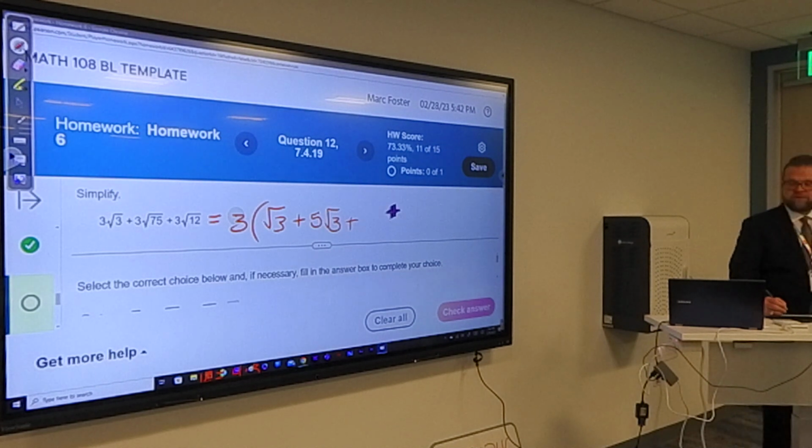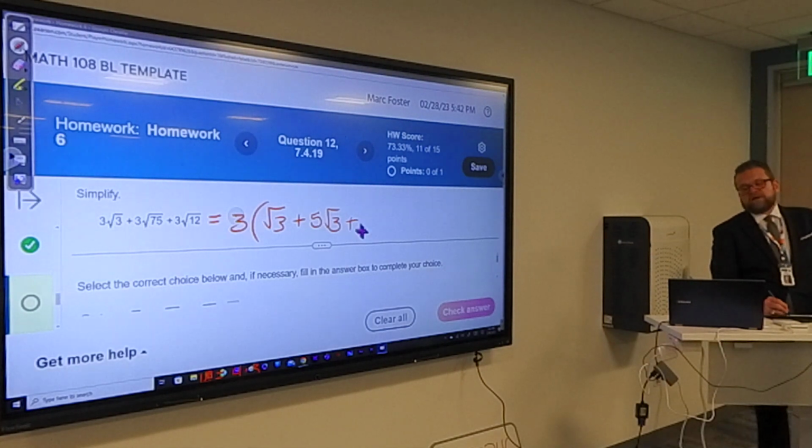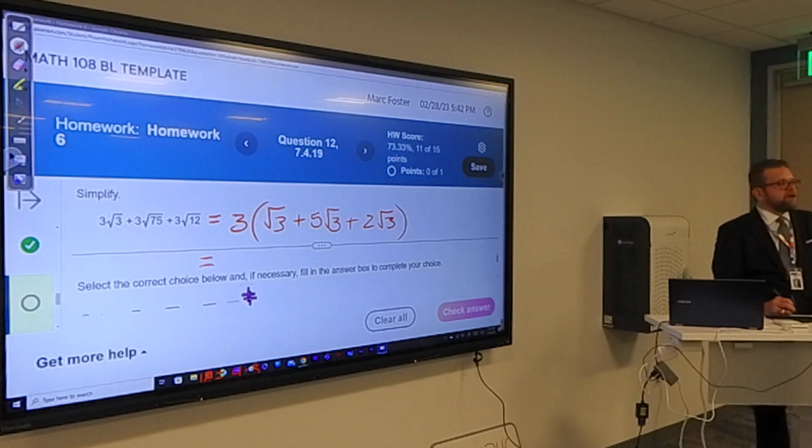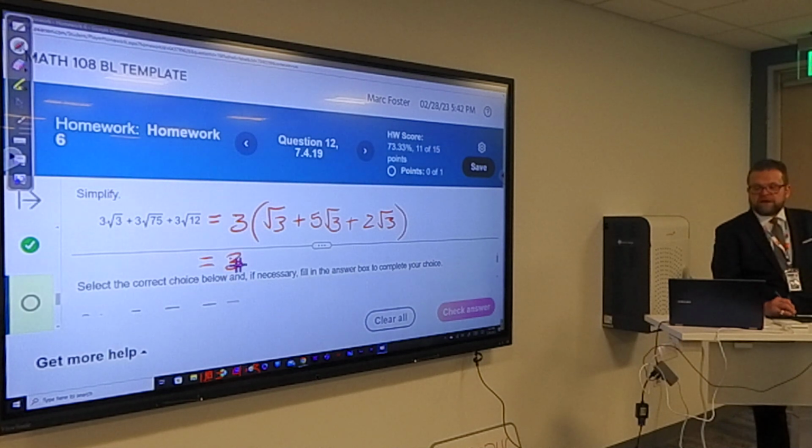And root 12, we just did it, it was 2 root 3. If I'm going to factor stuff out, I can even factor out square root of 3. I have 3 root 3 times 1 plus 5 plus 2.